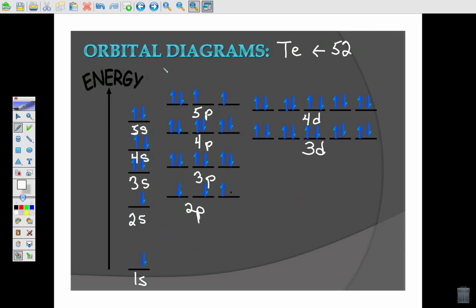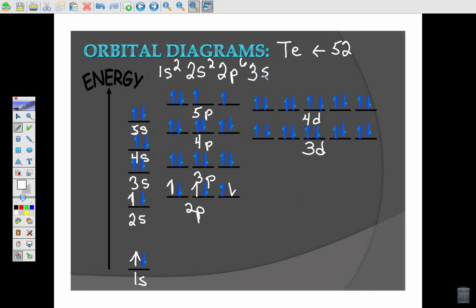Let's write the electron configuration for telluride. Begin with 1s, energy level 1, sublevel s, originally had 2 electrons in it. Then we went to 2s, so it's 2s2, energy level 2, sublevel s. Then we went to 2p, and it had 6 electrons, right? 2p6.